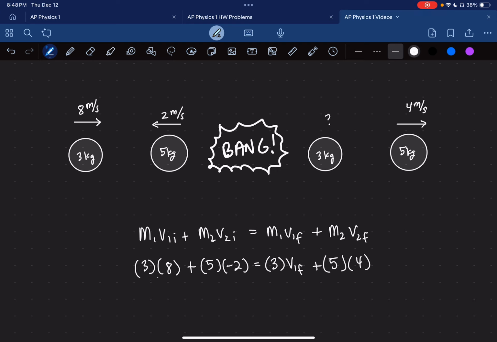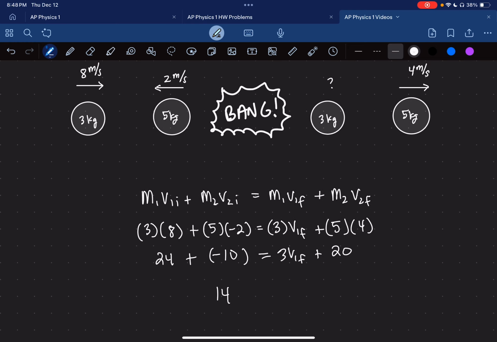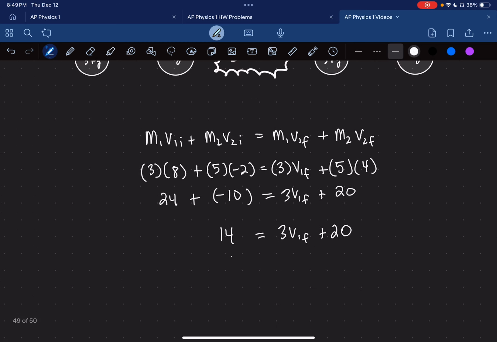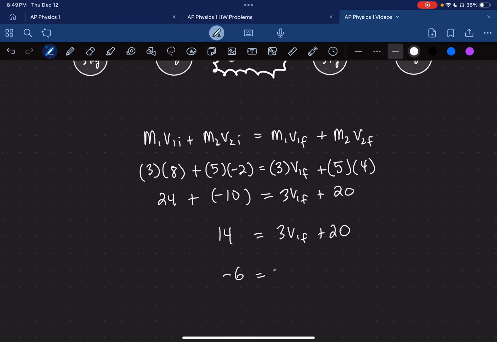So 3 times 8, that's 24. 5 times -2 is -10. On the other side, 3 v1f, and this is 20. So this is 14. It's -6.